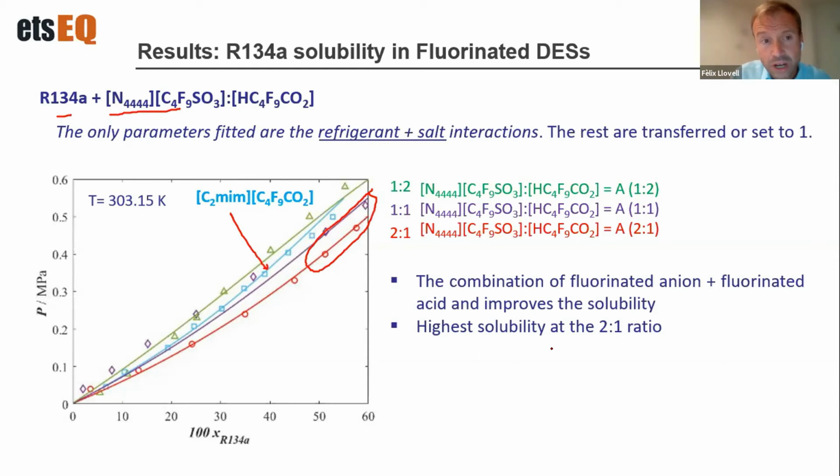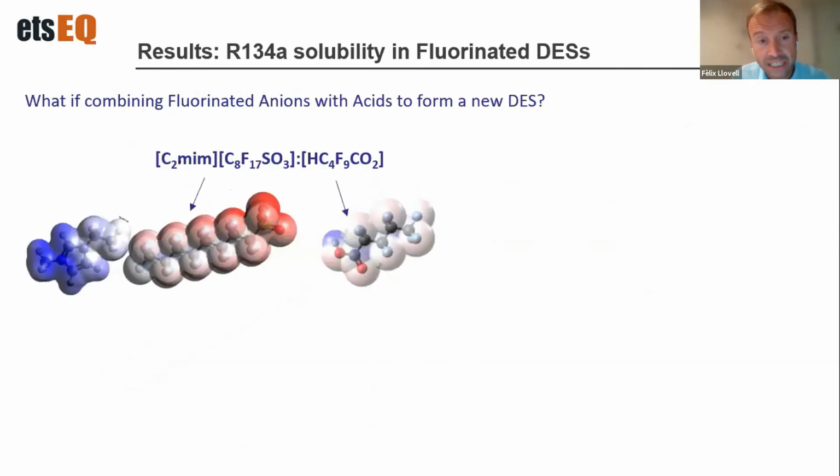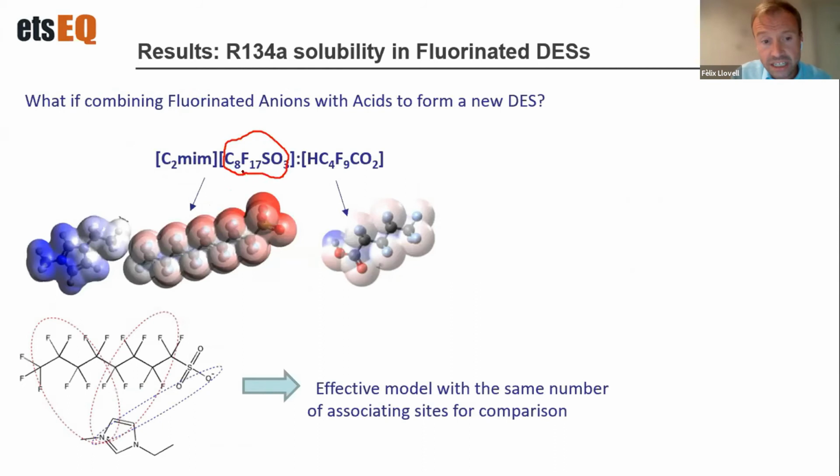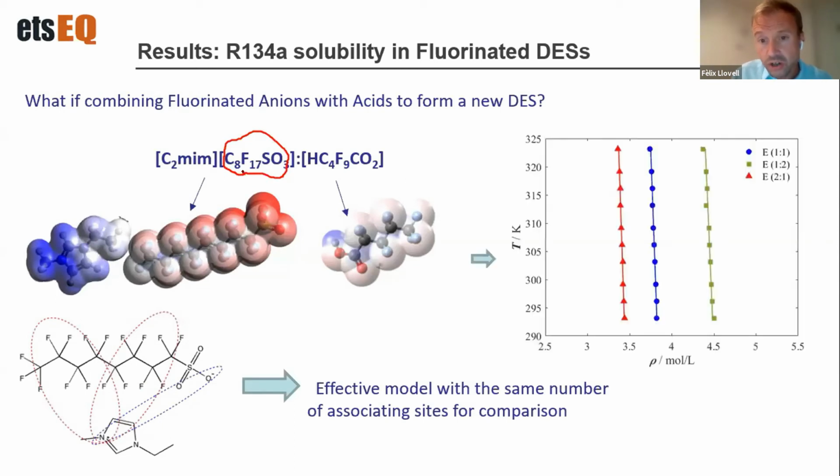Finally, we said, what happens if we keep increasing the fluorine atoms, but we move back to our amine chloride? If we modify again the cation, but we increase the amount of fluorine atoms, we still construct an effective model for comparison. We still obtain good results for our DES pure description.